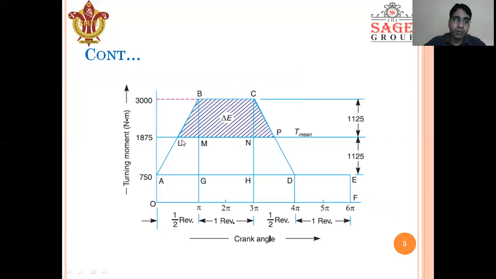So we first find LM and NP by the similar triangles ABG and LBM, and also the similar triangles HCD and NCP. Using the similarity of these triangles, we get the values of LM and NP.